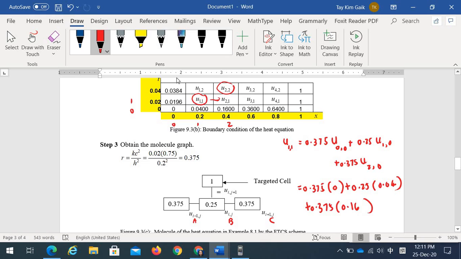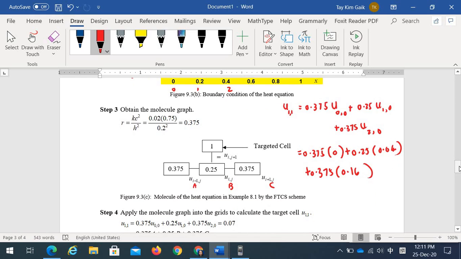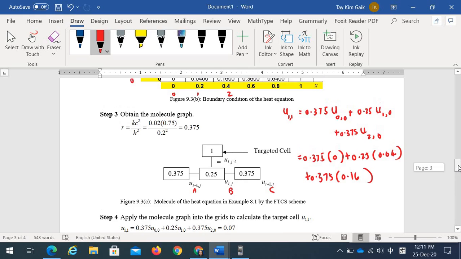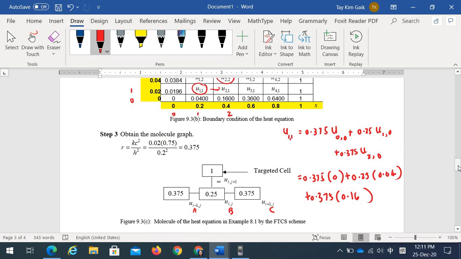Okay, and we use this formula so that you need not fill in, like here U11 depends on 0.375U00 plus 0.25U10 plus 0.375U20. Later on you fill in the values of U00. This cell is U(i,j); I start from 0 for i and 0 for j, so this cell is U00.